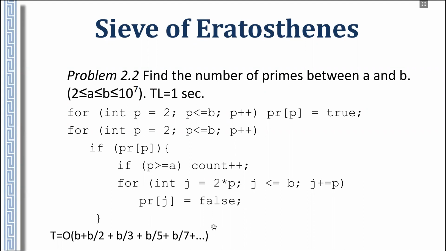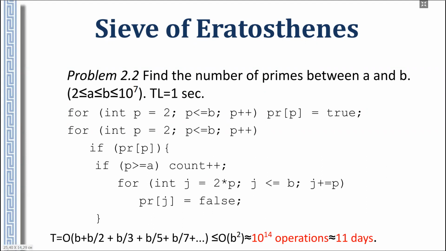We should estimate this sum. First we can say that each summand is at most B, and there are at most B summands here. That's why the sum is B squared.